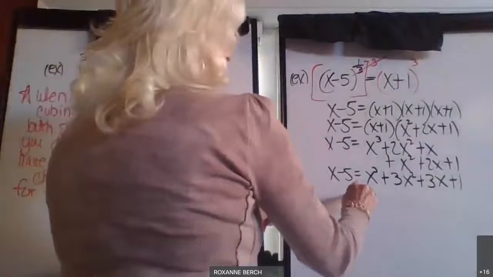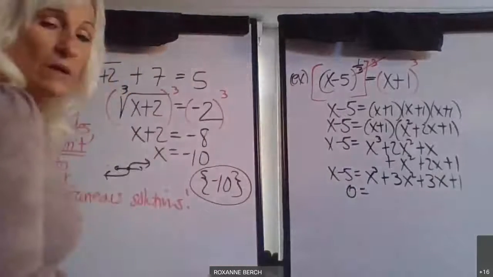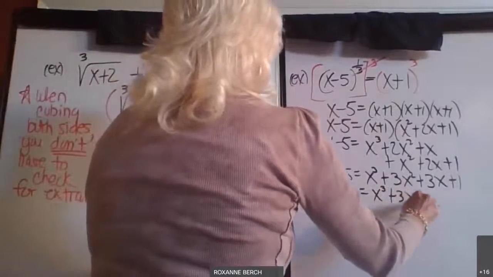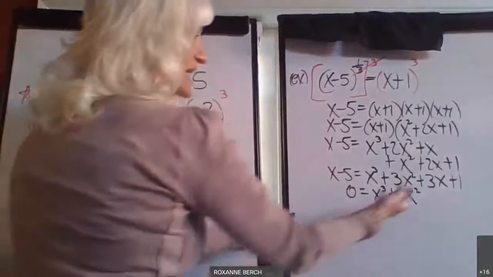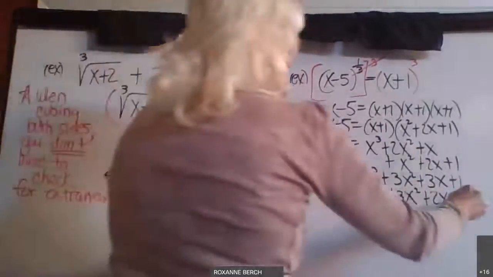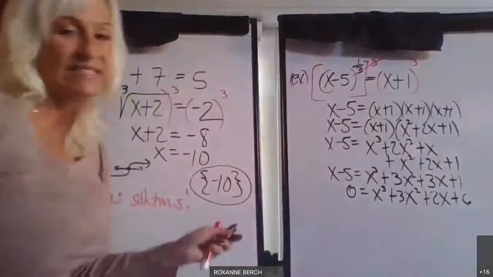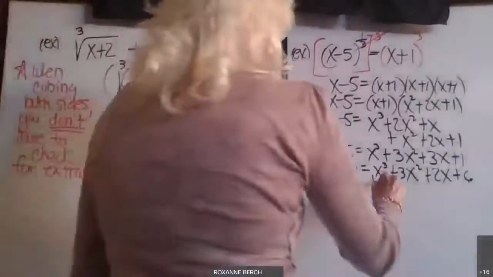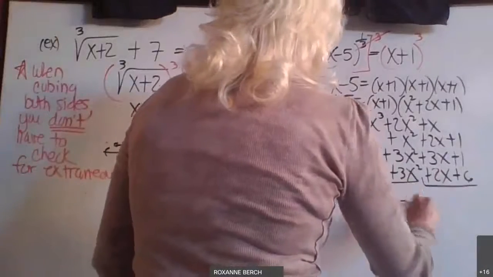And I'm going to set this thing equal to 0 to solve it. So I have x cubed plus 3x squared. When you subtract x and subtract x, you get 2x. When you add 5 and add 5, you get 6. And like I said, we better start praying that we can factor. So I'm going to try grouping, and I'm hoping that it's going to work.